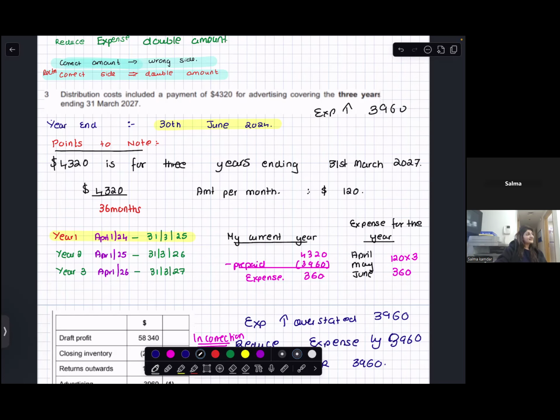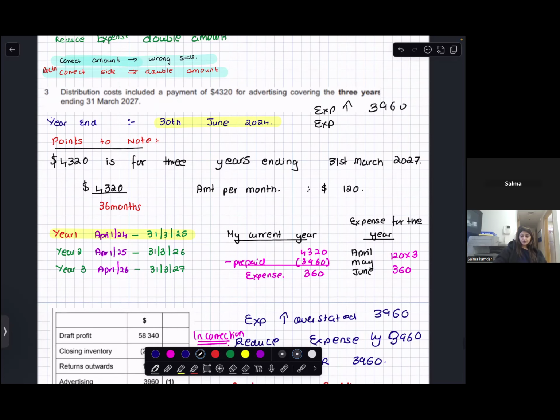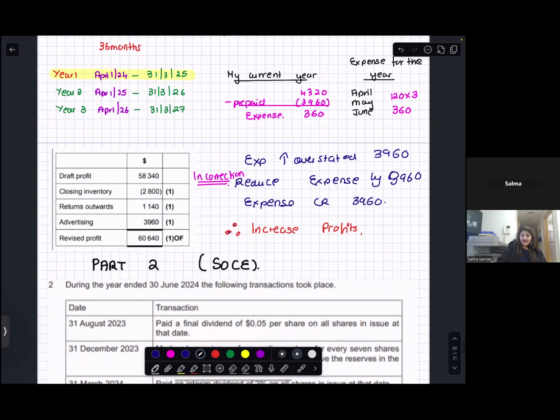So to rectify this, I have to reduce my expense. I have to reduce my expense by how much? 3960. If I have to reduce the expense, debit, decrease, credit, expense credit.